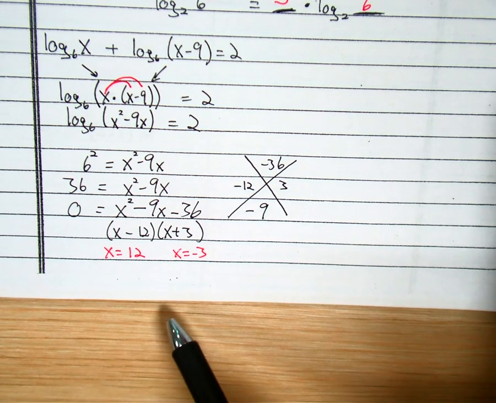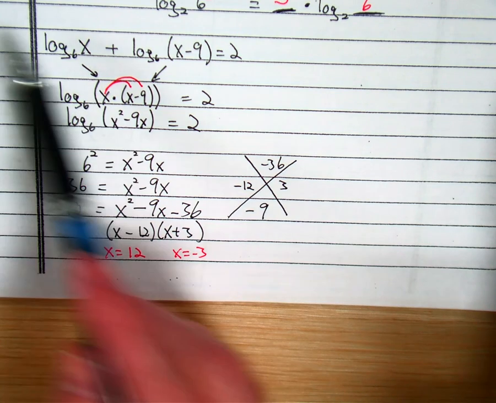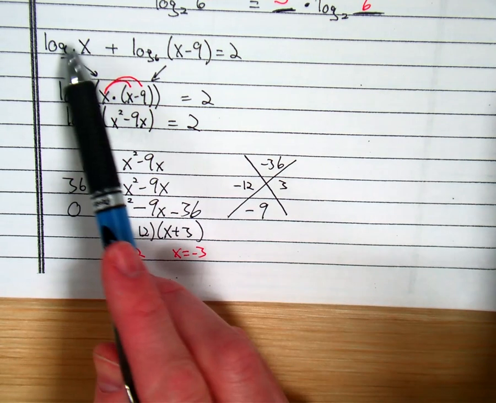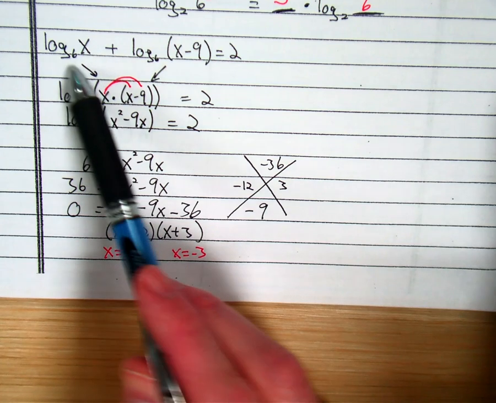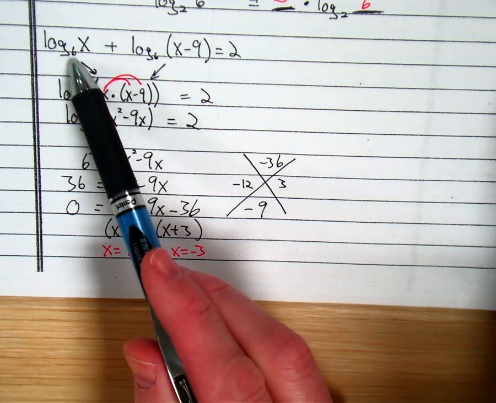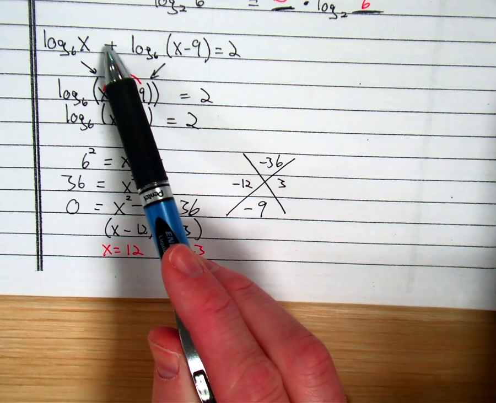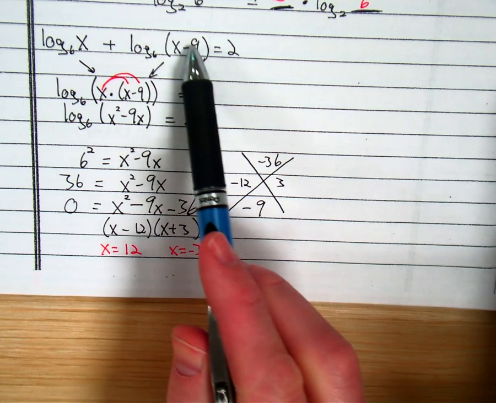Phew! Alright. In our lesson a couple days ago, when we solved with a log, we then had to plug these back in and make sure they were positive inside the logs and equal, because it was log equals log. Today it's not log equals log, or at least this problem isn't. So they don't have to be equal, because it's not log equals log. But they do still need to be positive on the inside.